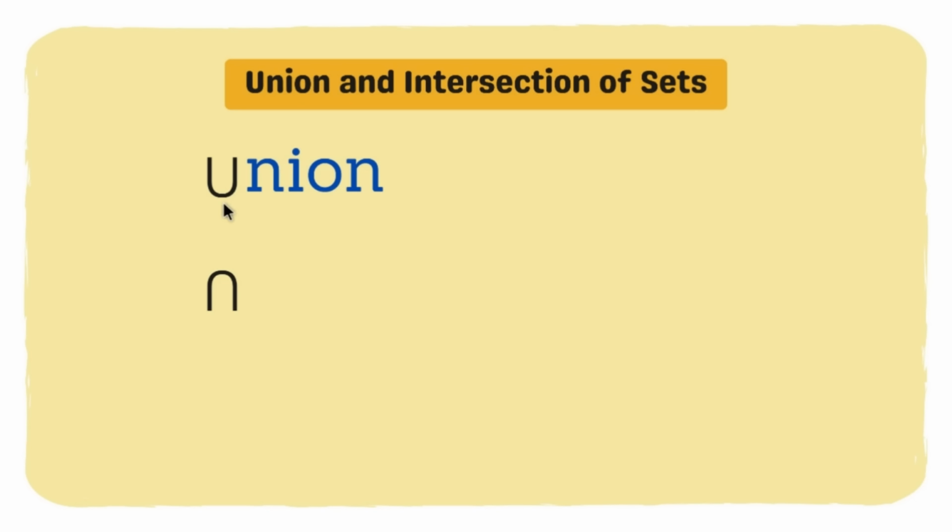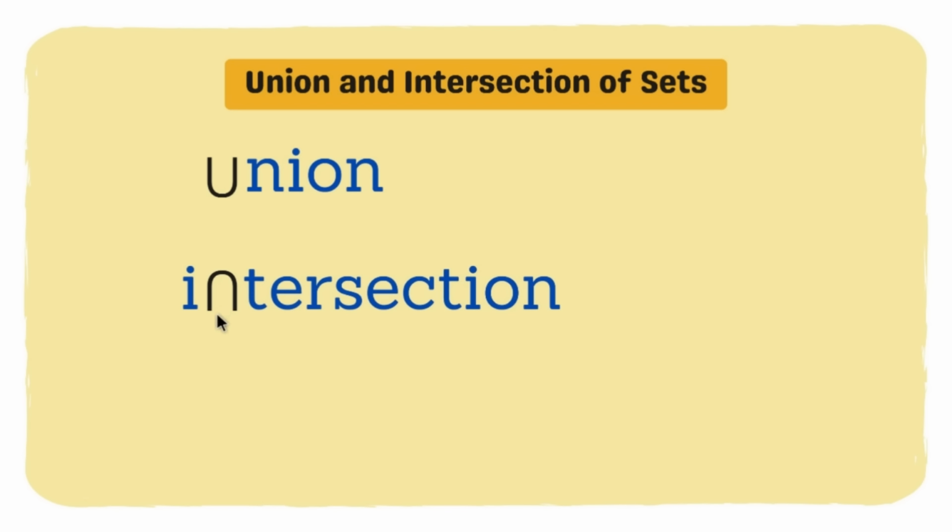So kung U ito, para rin lang siyang letter U in the word union. Okay? And then ito naman po, inverted letter U, pero pwede natin siyang gawing letter N. Okay? Para na rin siyang letter N sa word na intersection. Okay? So para mas madali niyong tandaan, you can apply this.